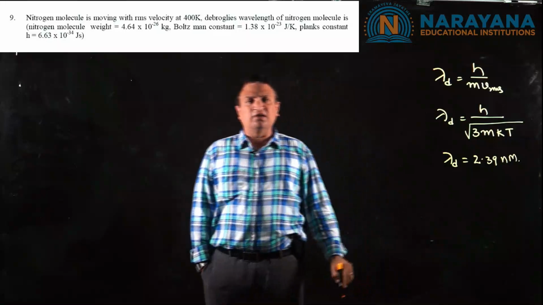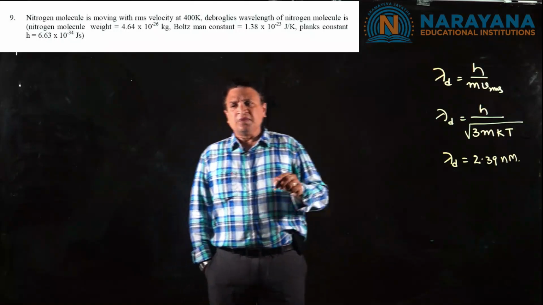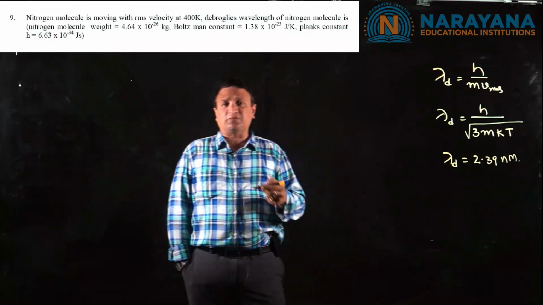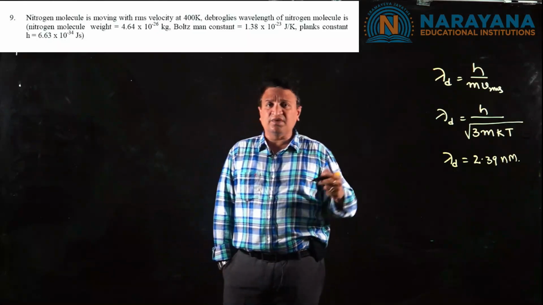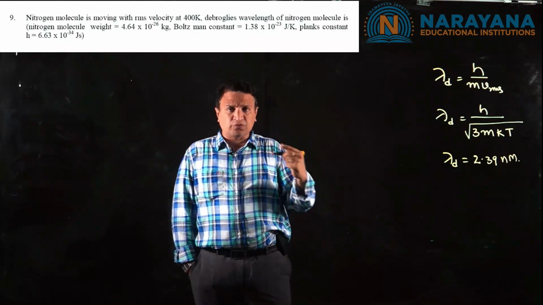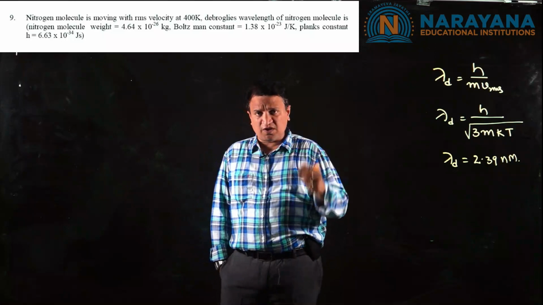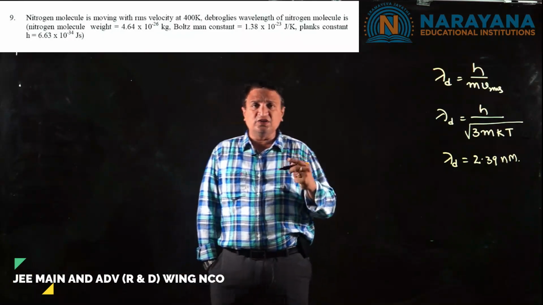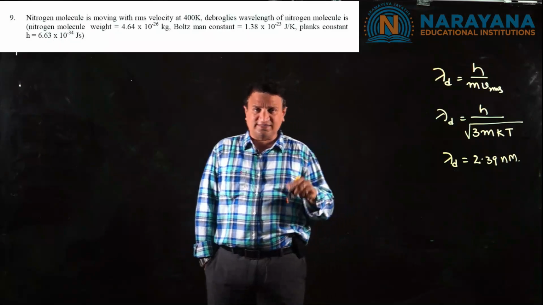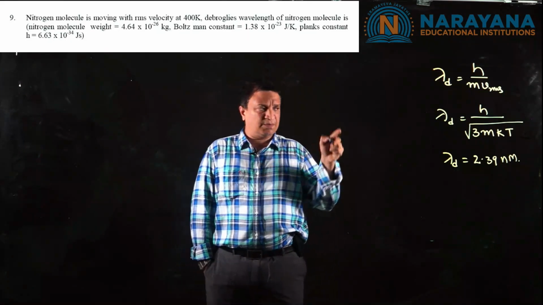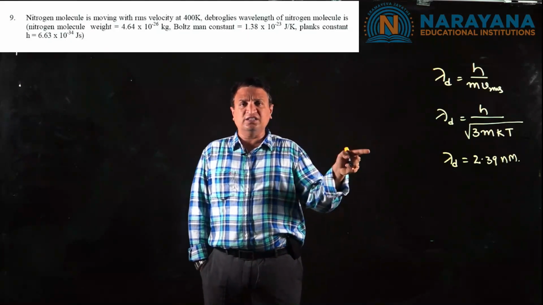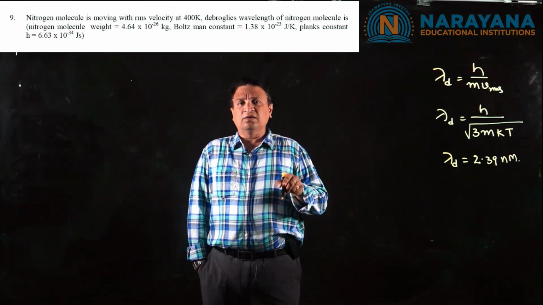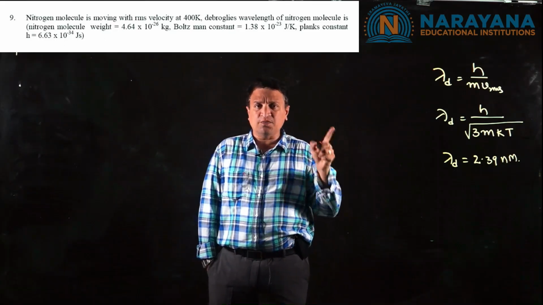Maybe it is a numerical type question. They may give some range like 2.35 to 2.40. If you are fortunate, it can be somewhere between 2.30 to 2.4. If it is done with a calculator, approximately this is what you are getting. Right? My answer is 2.39.